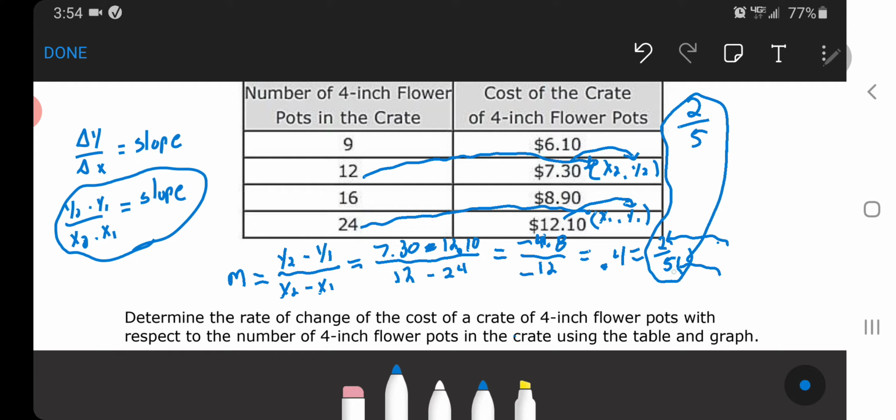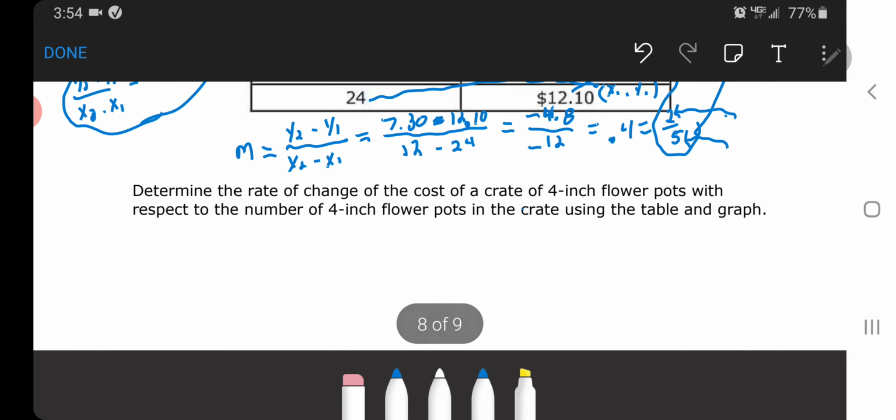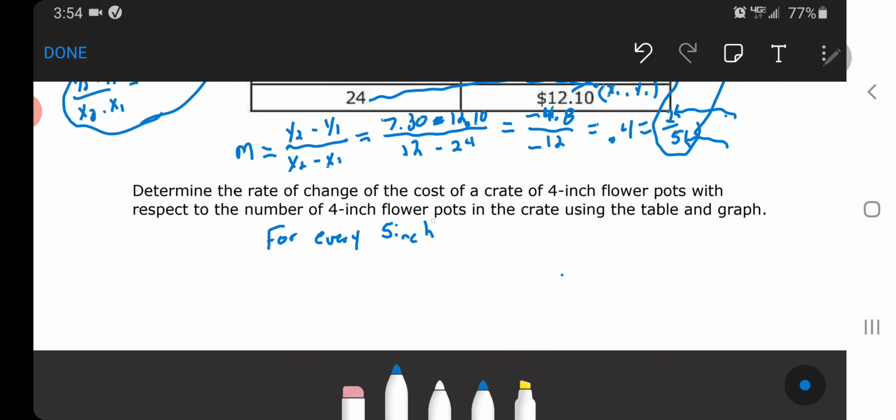So for every 5 pots, it goes up $2. That's one way to express it. So let's go ahead and say for every 5 pots, the cost is $2 more.